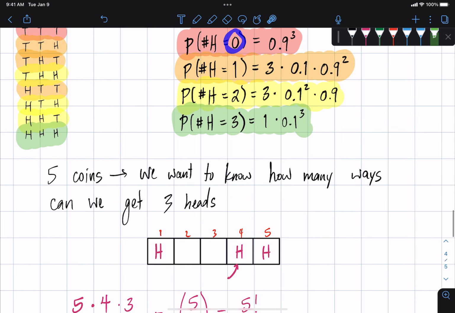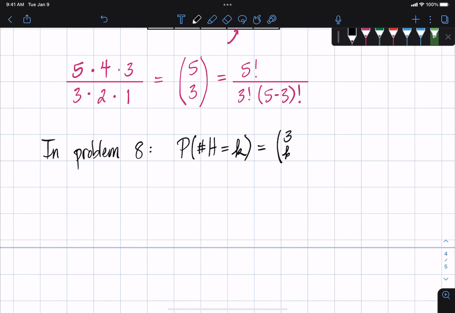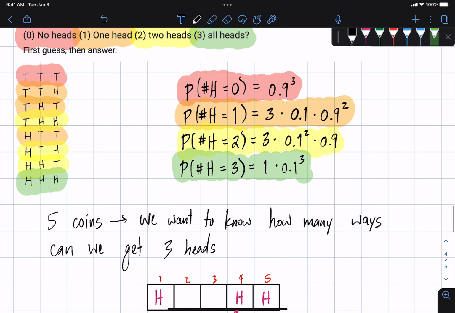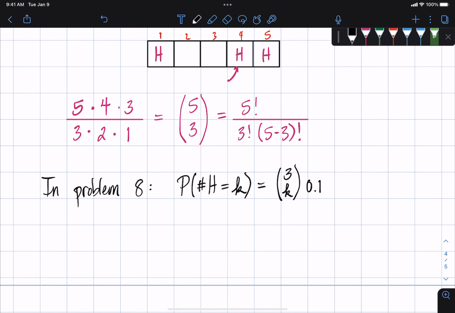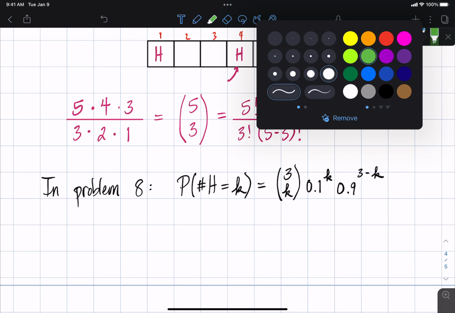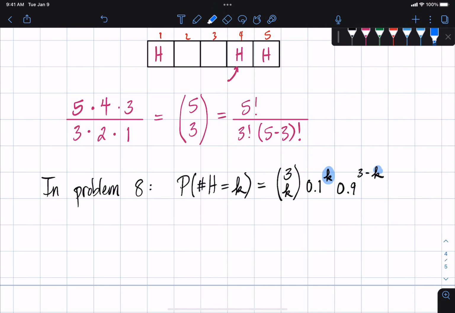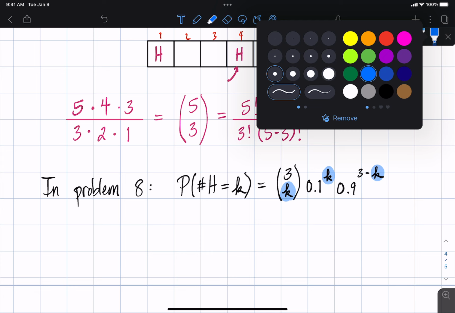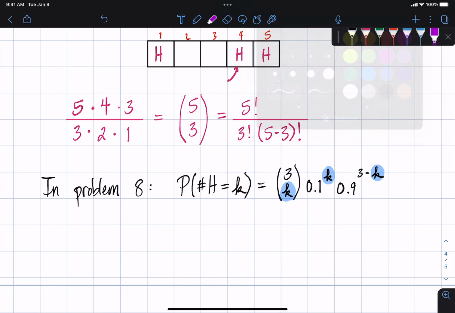We want to count up our number of heads, that's going to be k, times how many heads we get. So the probability of getting a head, 0.1, to the power of k, times the probability of a tail, 0.9, to the number of tails that we get, which is going to be, in this case, 3 minus k. Okay. And it's no coincidence that all of these k's match, and it's also no coincidence that all of these 3's match. Okay, and then these are the probabilities of our 2 different events. So we're going to use this, and we're going to do problem 9 with it.